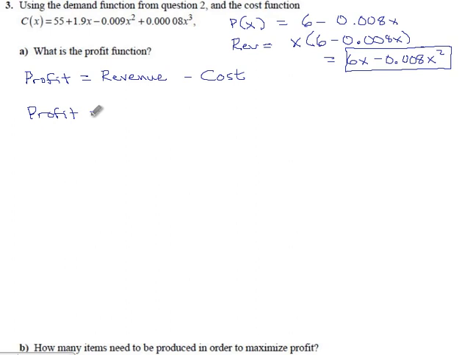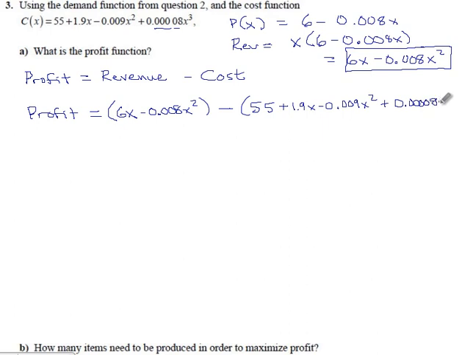The profit is your revenue, which we found is 6x minus 0.008x squared, minus, and the cost function is all this, 55 plus etc., 0.00408x cubed.